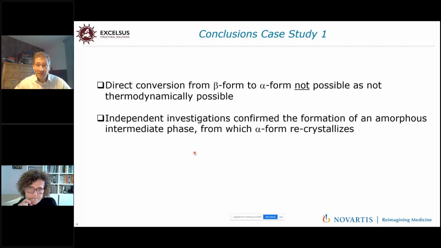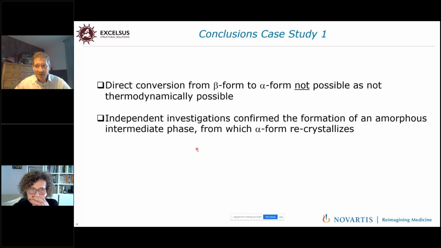But we were contemplating a loss of dissolution performance. And somehow, all this investigation was leading to the understanding of why this alpha form was developing in our sample.